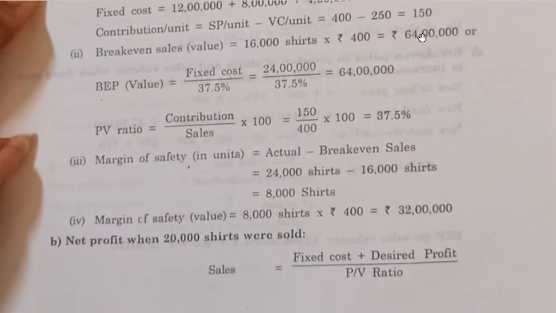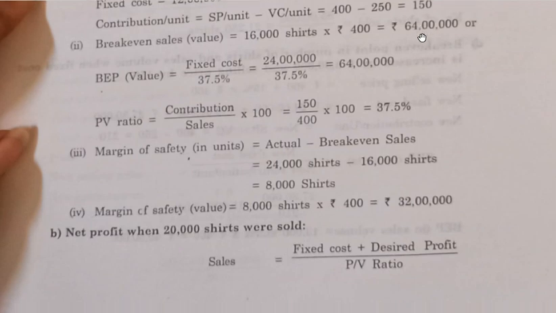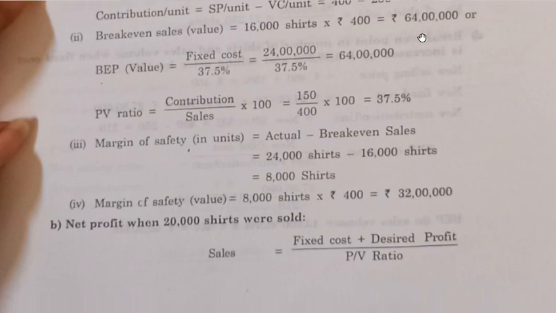So break even point in value, which is your sales. 16,000 shirts at rupees 400, which is equal to 64 lakhs. So break even value is equal to fixed cost divided by PV ratio.